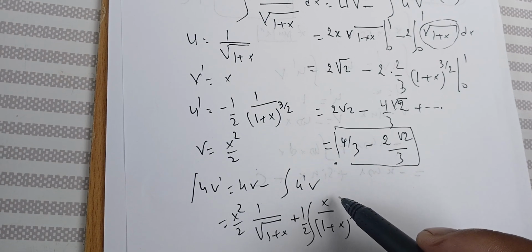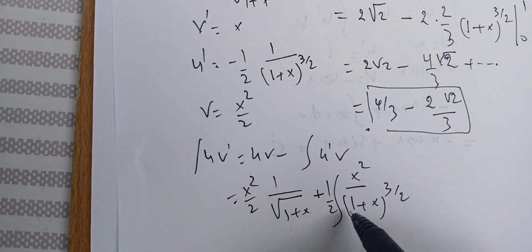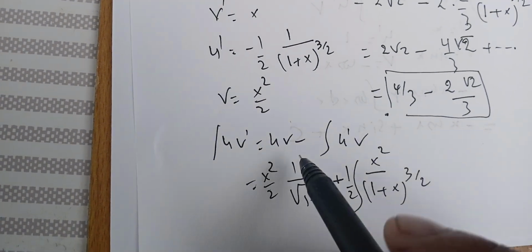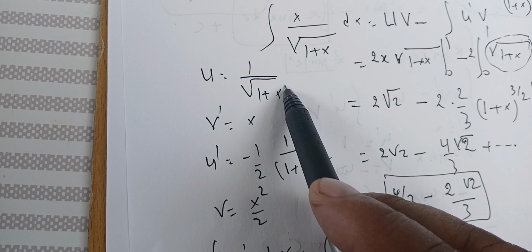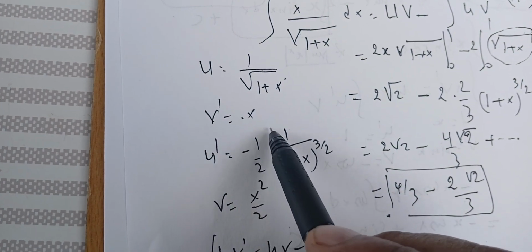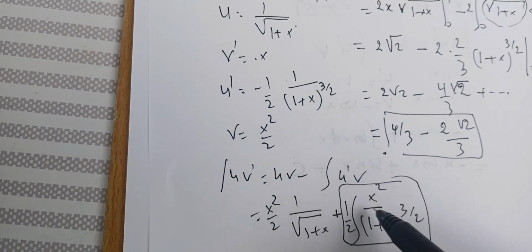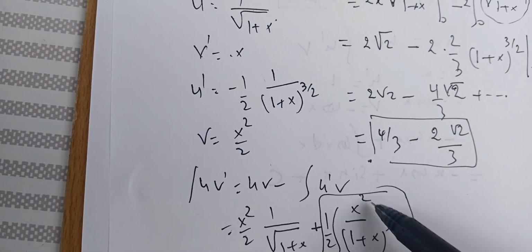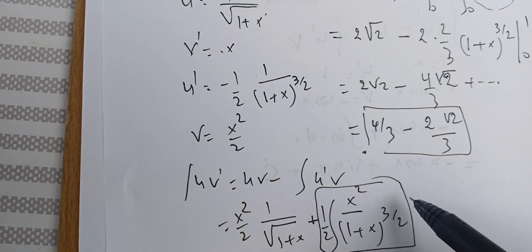times v, which is x squared over 2. And therefore, when I choose u as this one and v as x squared over 2, I get matters complicated. I'm going to get more powers, and the integral is going to be difficult to evaluate.